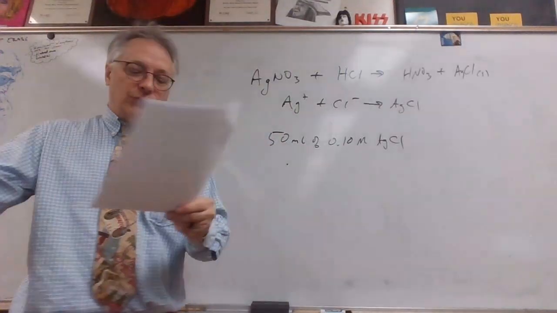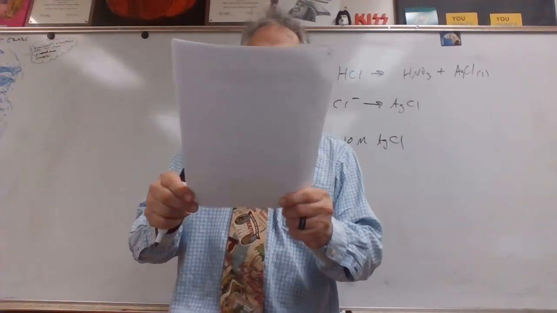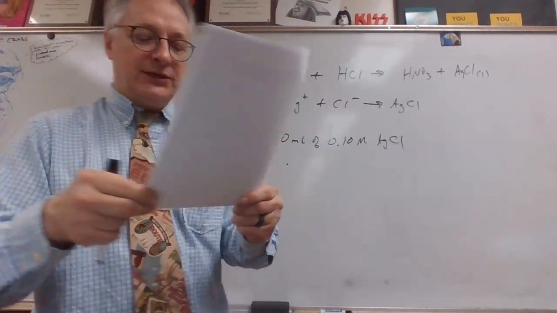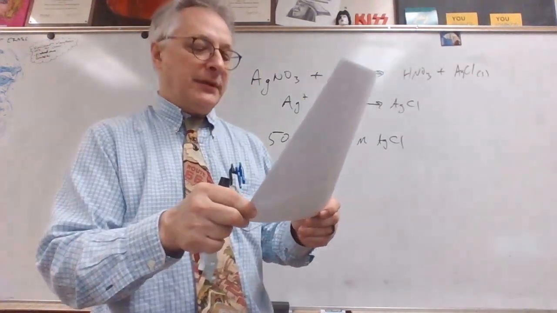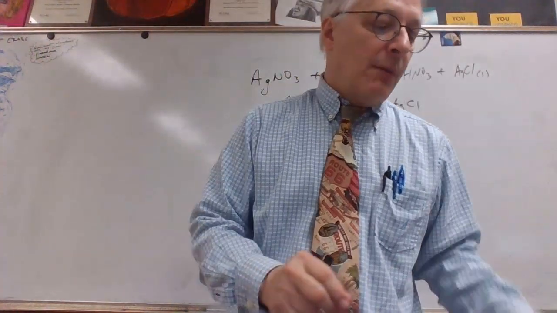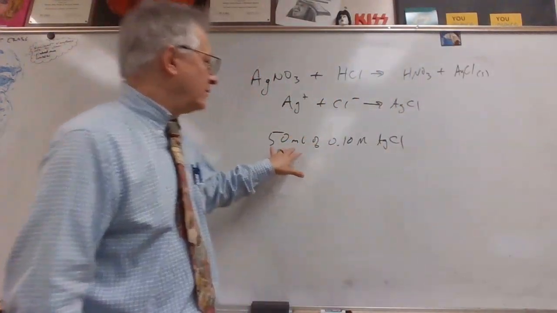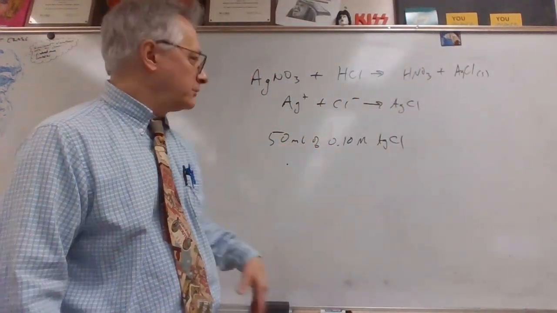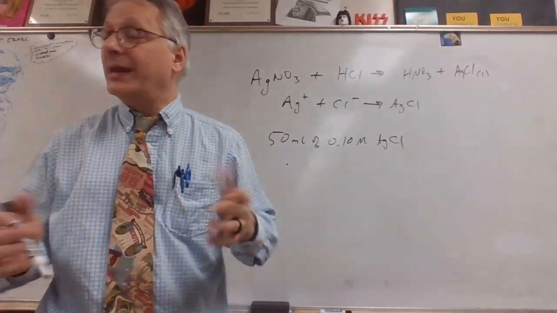And it says the two solutions were initially at 22.6 degrees C, and the final temperature is 23.4 degrees C. Calculate the heat that accompanies this reaction in kilojoules per mole of silver chloride formed. So all we know is that we have 50 milliliters formed of this. So we can make the assumption that maybe we took 25 mils of each solution and dumped them together.